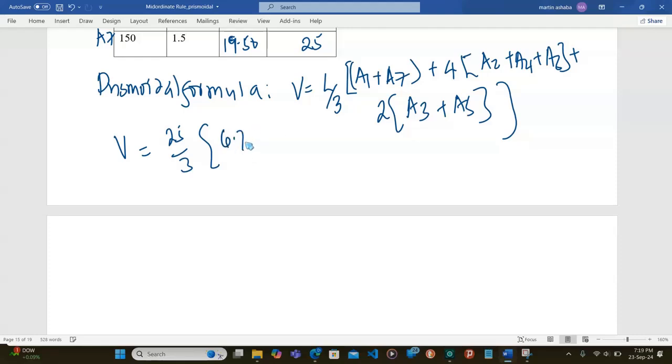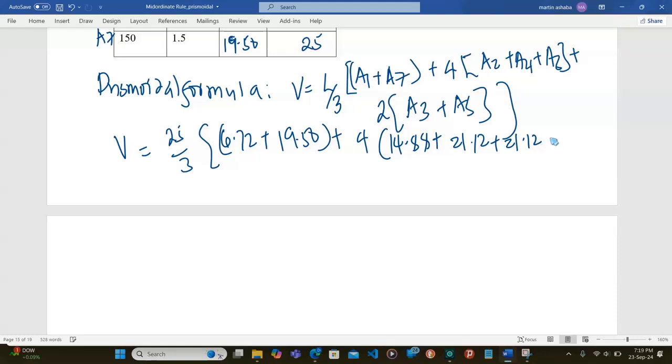The area A1 is 6.72 plus the last area which is 19.50, plus 4 into the even ones, which is 14.88 plus A4 which is 21.12 plus A6 which is 21.12, plus 2 into the odd ones, whereby A3 is 17.92 plus 17.92.